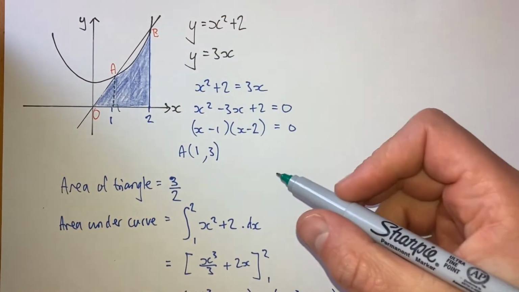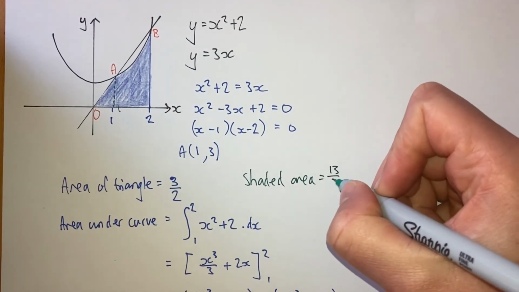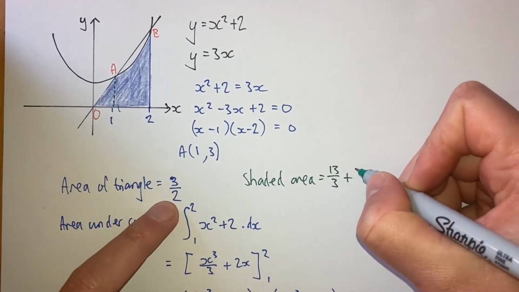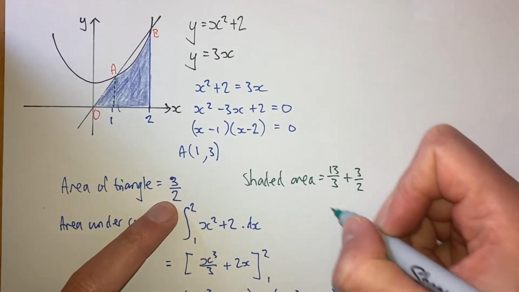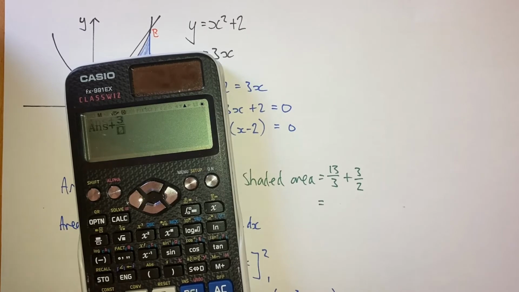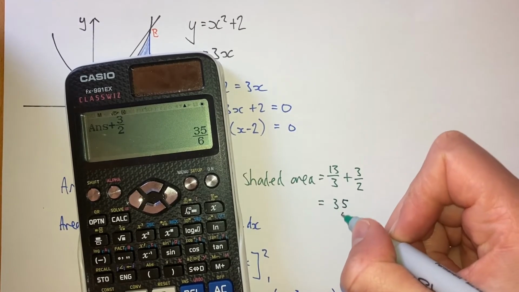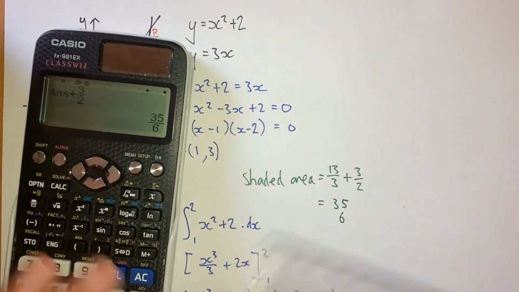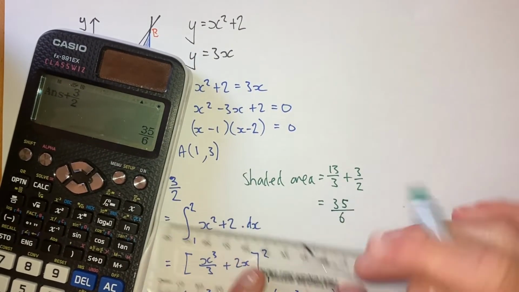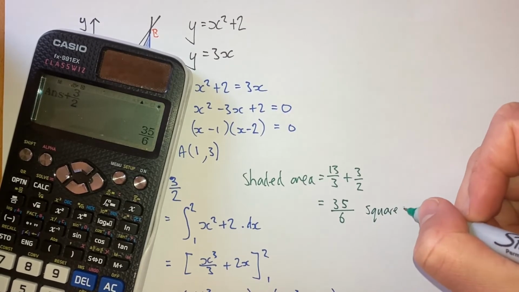So the shaded area, it's the area under the curve, 13/3, plus the area of the triangle. So final answer is 35/6. And that's in square units.